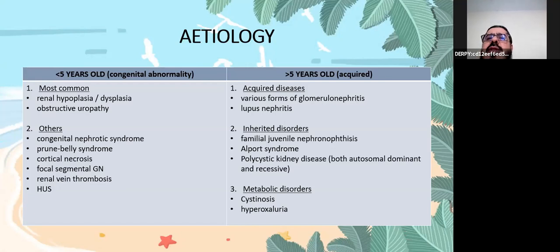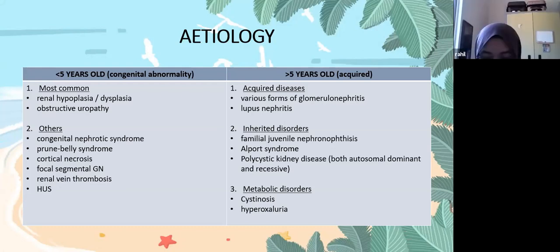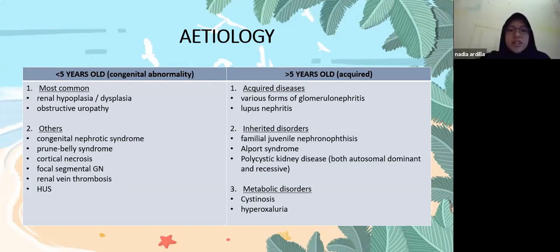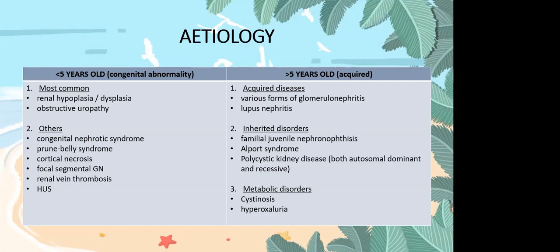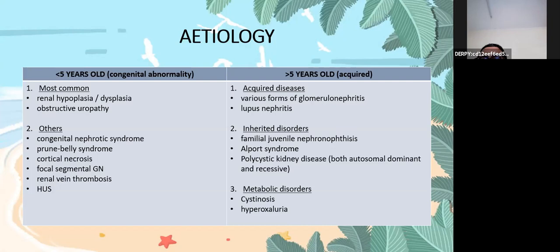Must be Virchow's triad: abnormal wall, abnormal blood, or abnormal flow. It will be abnormal blood, hypercoagulability. What is the common condition in pediatrics which can lead to hypercoagulability? Nephrotic syndrome. Very good.